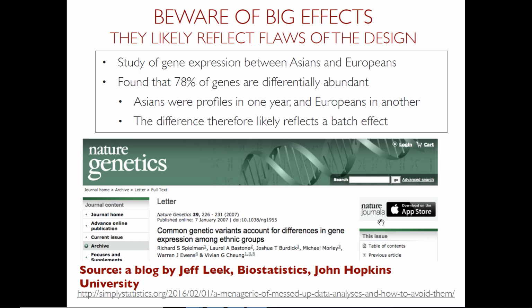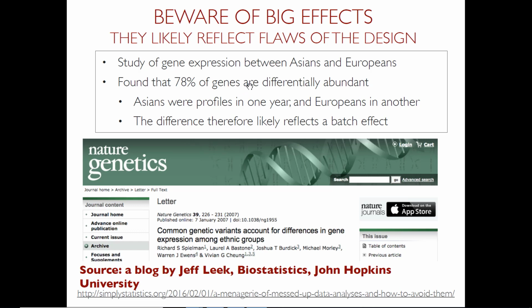Worse, this is a paper which appeared in 2007, also kind of old, but a very famous example of this type of issue. This is in the area of gene expression, not proteomics. In 2007, researchers considered gene expression of Asians and people of European ancestry, and they found that 78% of genes are differentially expressed between Asians and Europeans.